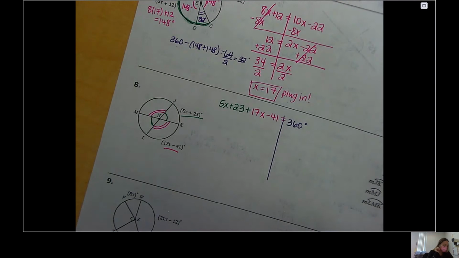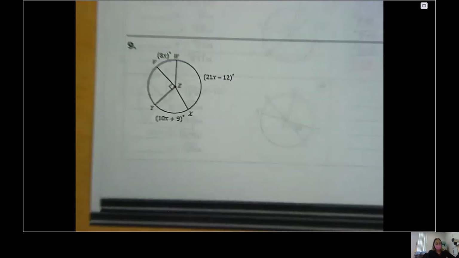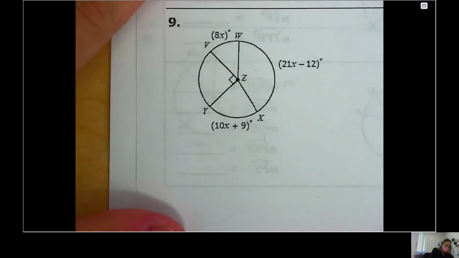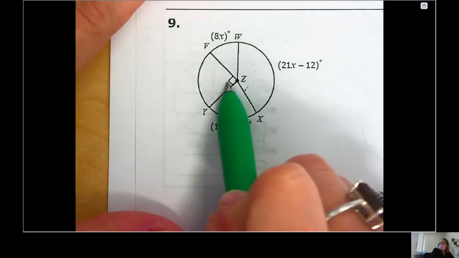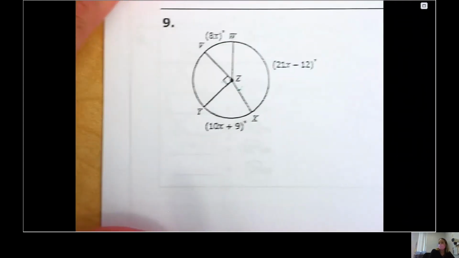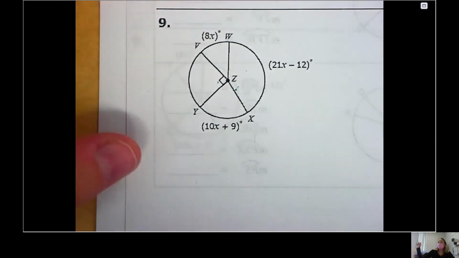No, because the 90 degrees is what's left. That's like that chunk on the left there. So here's a way you could do number 9. Because if you look at it, this angle right here is definitely way bigger than the 90, right? So I can't set it equal to 90. It's definitely bigger.